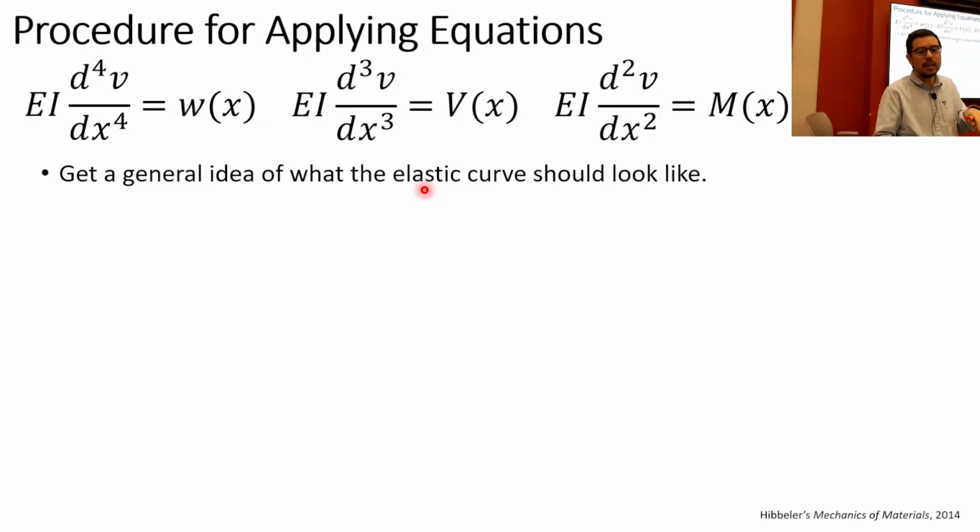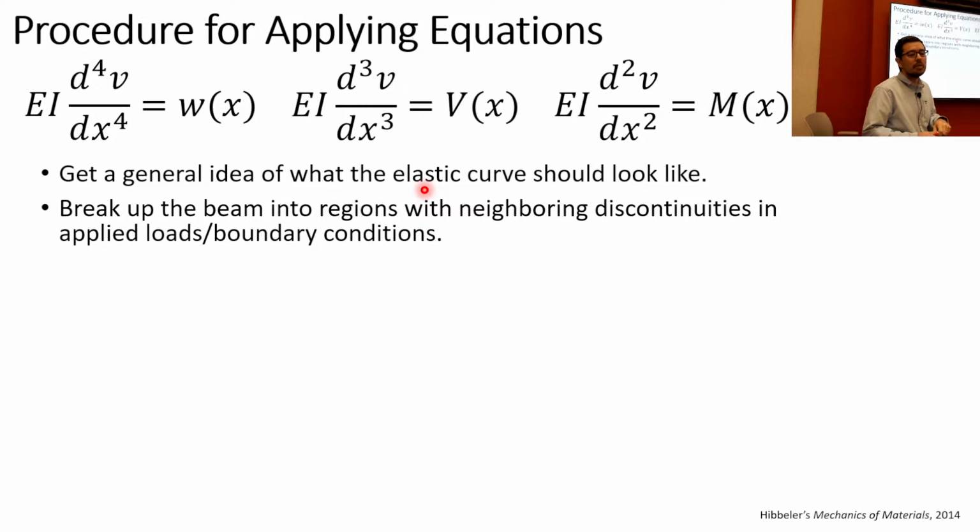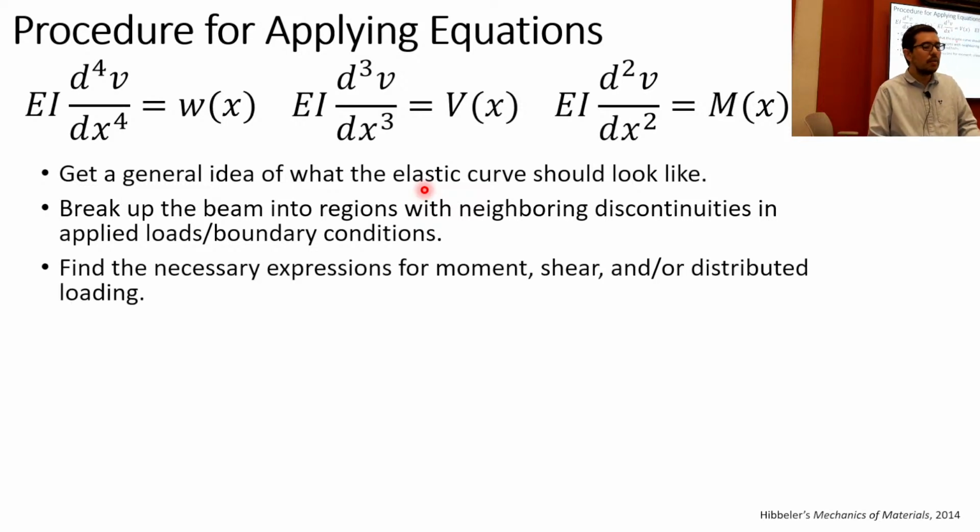And that's important, to maintain that mental picture of what the curvature, what the deflection is going to look like. Then we're going to break the beam into different regions, with discontinuities, applied loads, boundary conditions. We're going to look at finding expressions for moment, shear, and/or distributed loading.